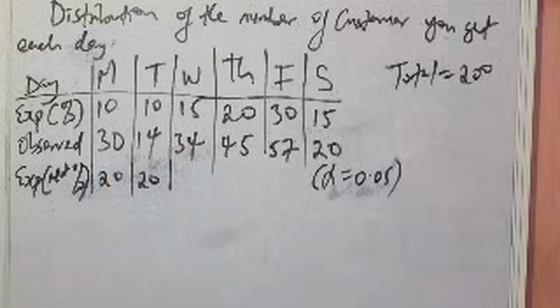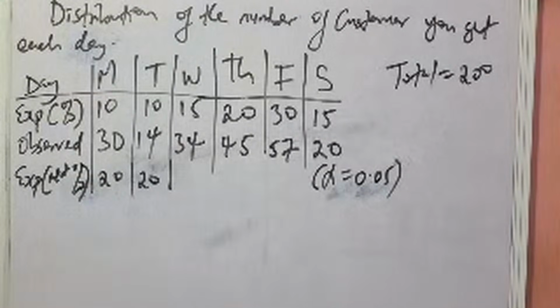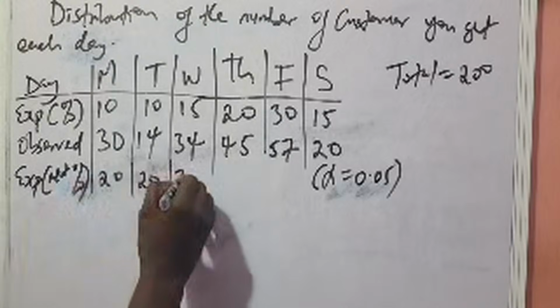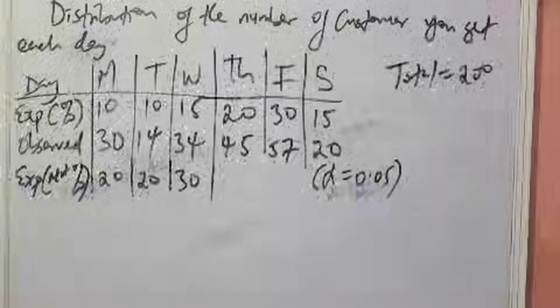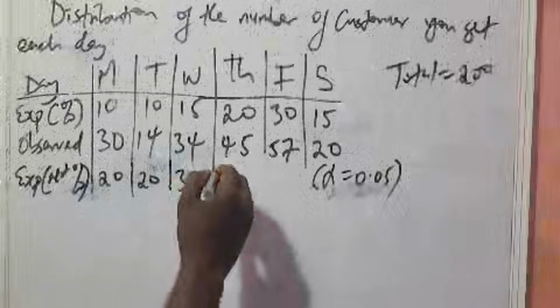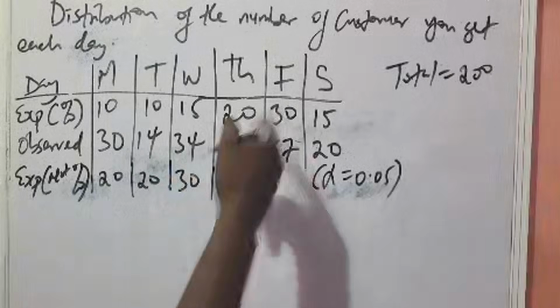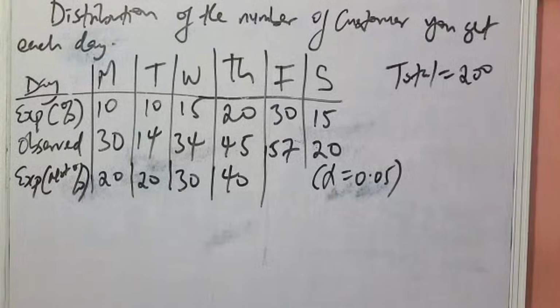What's 15% of 200, guys? Shoot the answer quickly. That's 30, right? Okay. And what's 20% of 200? Of course, that will be 40. What's 30% of 200?